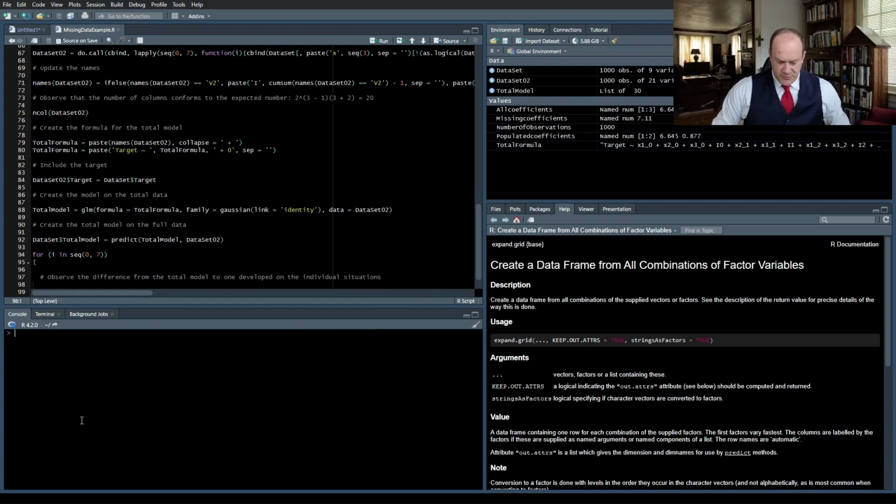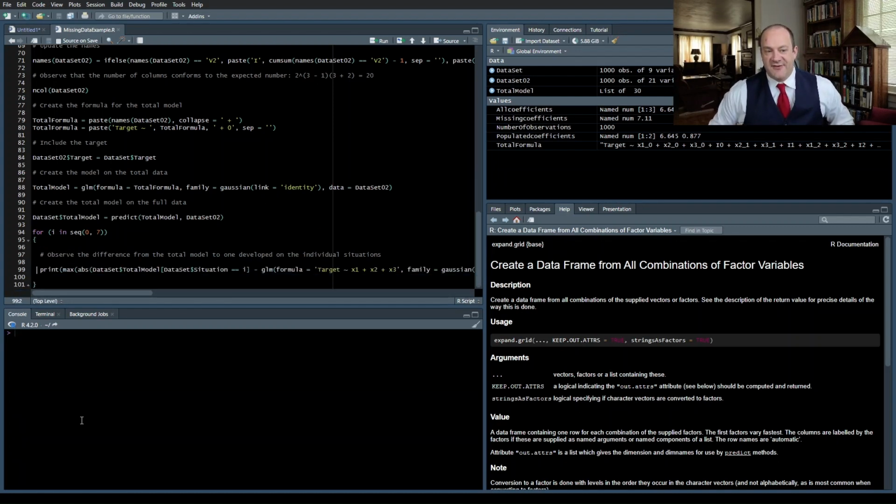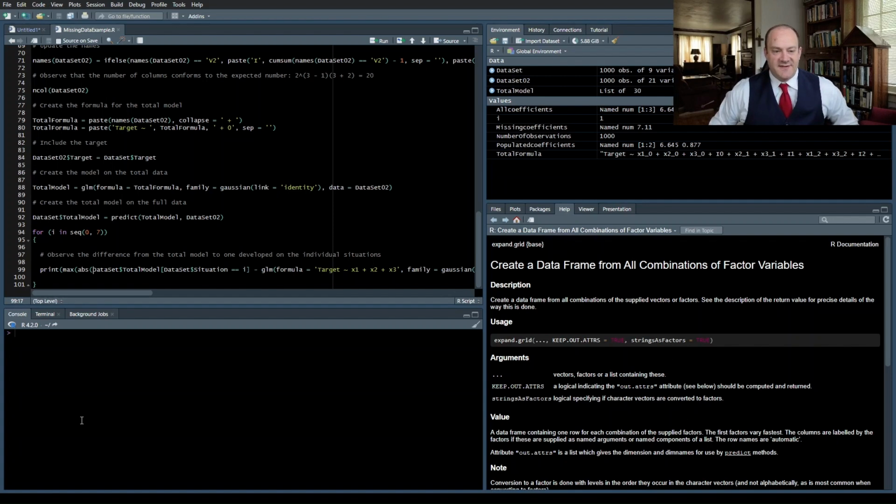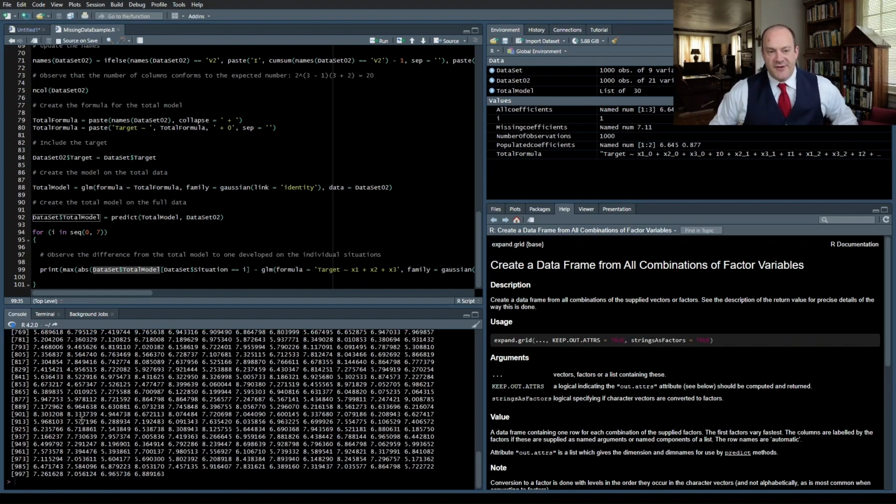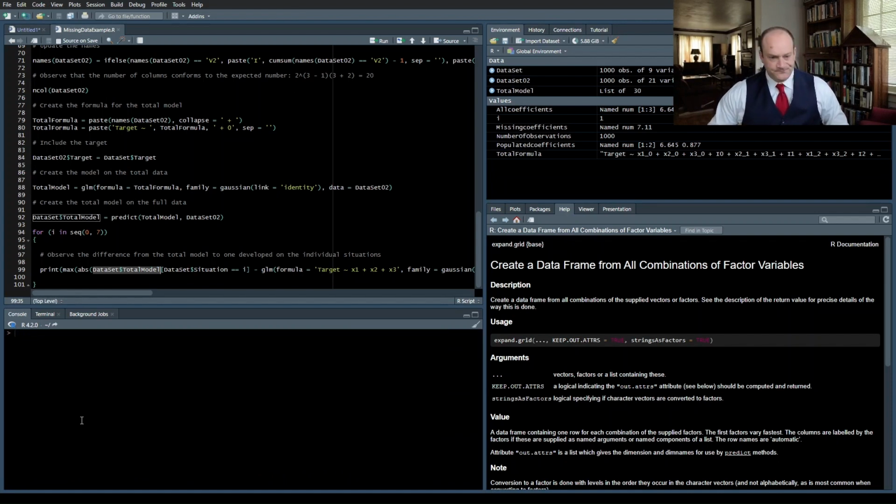And now to prove to you that, in fact, we have simultaneously created all 8 of those models, what you can do is something like this. The total model here is just whatever came out of the predict function. That's all 1,000 predictions.